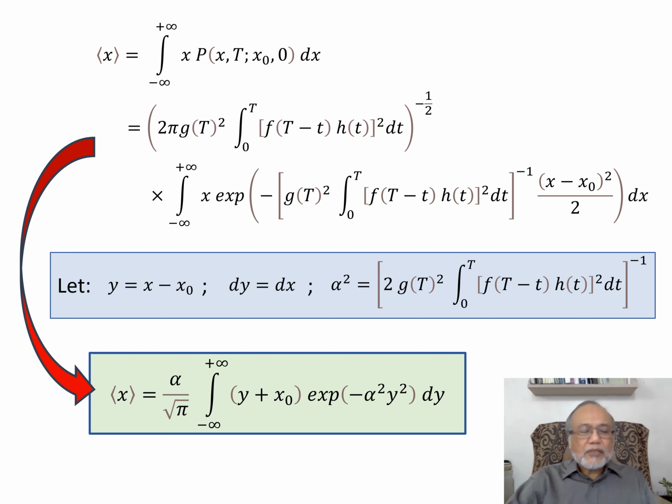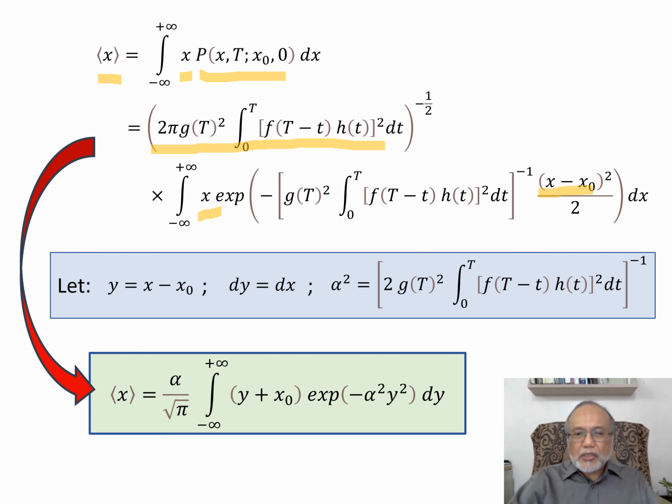Let's first do the mean of x. I have my x here, and then I just plug in the form of the probability density function. This would be the coefficient, the x would be here, and the rest of the terms come from the PDF. To facilitate our integration, we can make a change of variable.